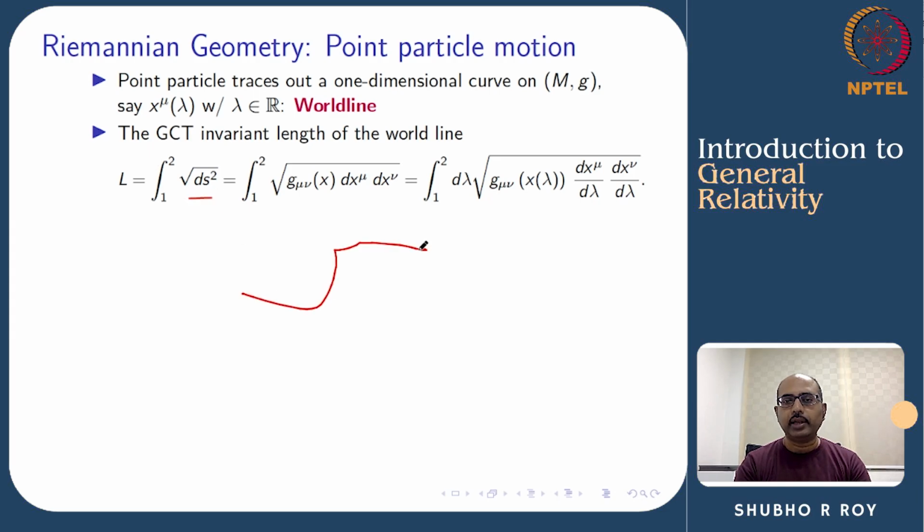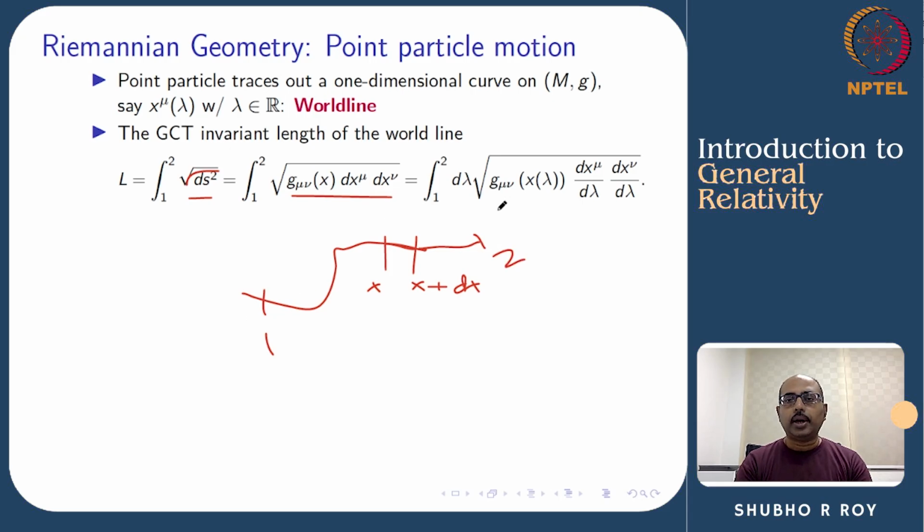So if this is the world line between 2 close by points, which are separated by coordinates x and x plus dx, the distance between these 2 points, as we learned from the last lecture, is given by the square root of ds squared, where ds squared is given in terms of the metric and the infinitesimal change in the coordinates. And if you integrate that infinitesimal distance between the points 1 and 2, you get the total length of the world line between the points 1 and 2.